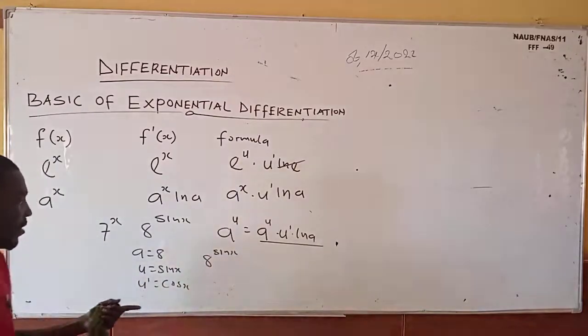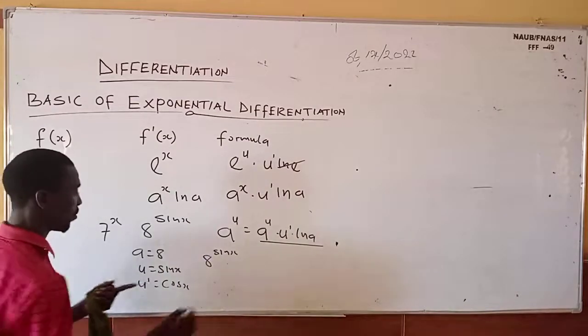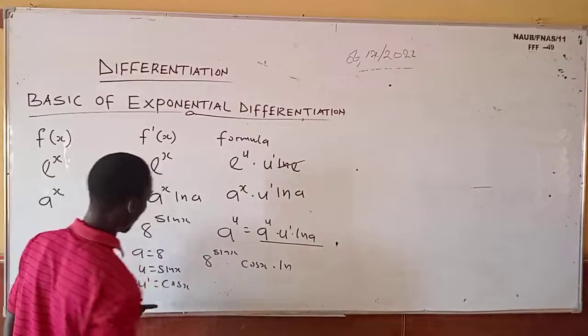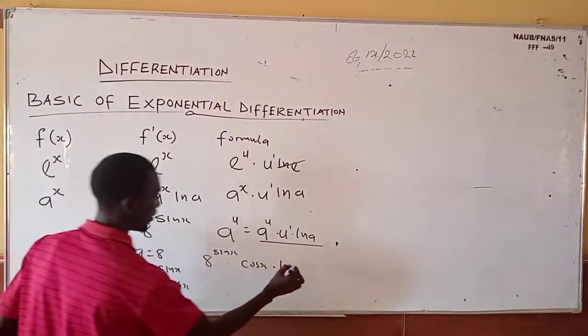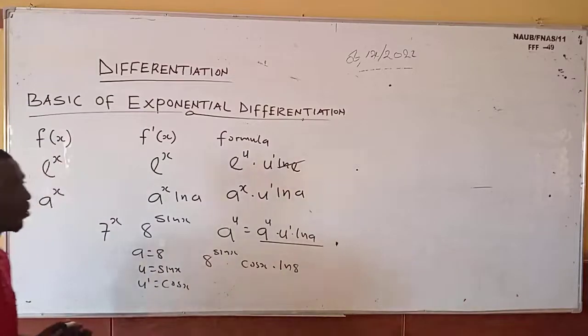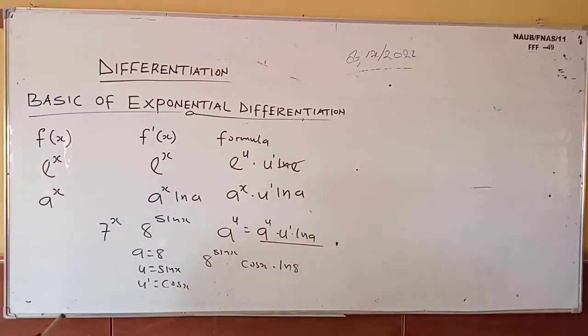U is sine s. Then multiply by u prime, which is cos s. Then ln a. A is 8. You understand? So this is your answer. I hope you will get this right. So this is all about this. Please, you have to take note of all these things.